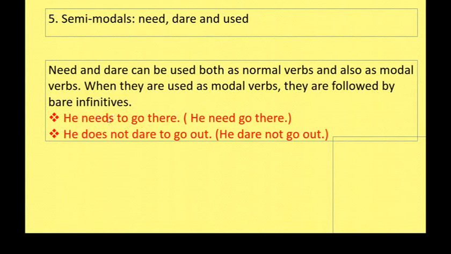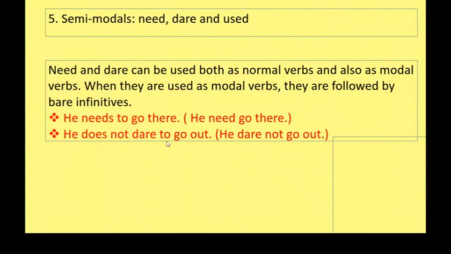Here, need has been used as normal verb, but if we use this as modal verb, we will use he need go there. Here, s is not added due to third person singular number, and bare infinitive has been used. That is, full infinitive hasn't been used.